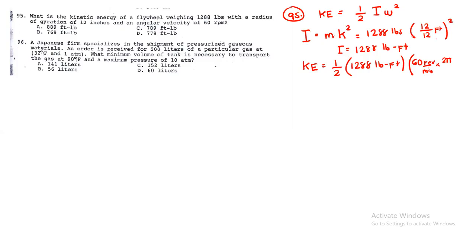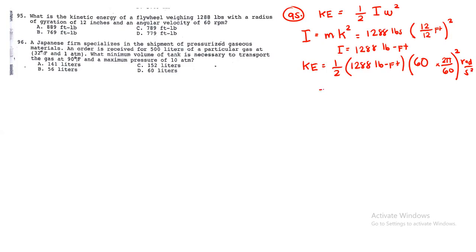So 2 pi over 60 para maging radians per second. So, tanggalin natin itong revolution per 60 revolutions per minute times 2 pi over 60 para maging radians per second. So squared. So radians per second squared yan.